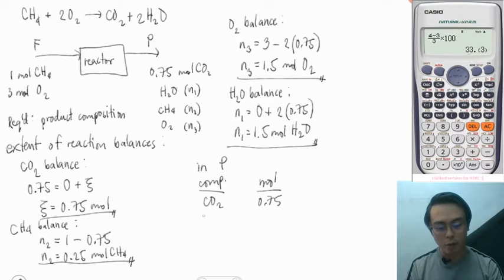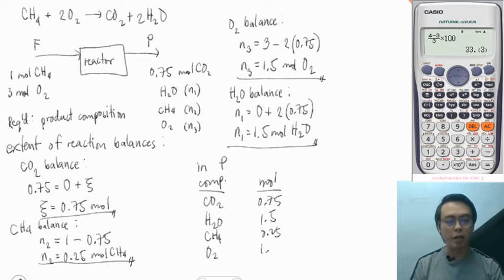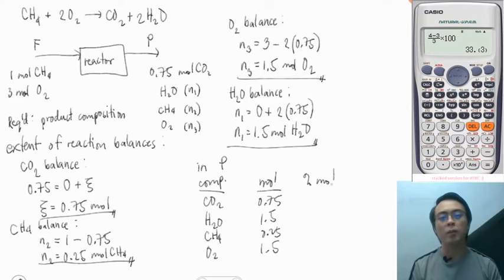For H2O, 1.5. CH4, 0.25. And oxygen, 1.5. Now you can get their percent by mole because it's the requirement of the problem. We want the product composition. So I will be leaving to you this solving of the percent by mole. So that is how you perform an extent of reaction balance.